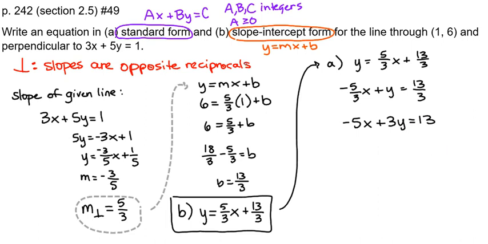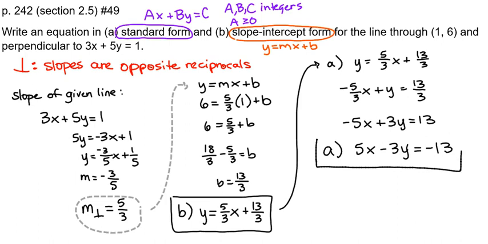And then one last thing, a has to be greater than or equal to 0, but right now a is negative, so let's multiply both sides of the equation by -1. And that gives us standard form for our answer, so that is part A.